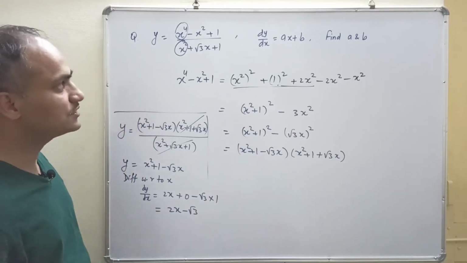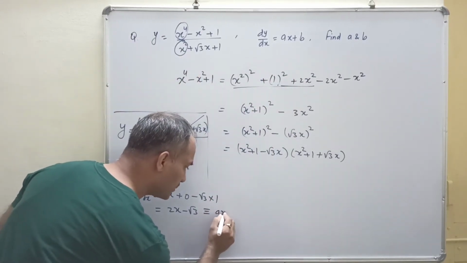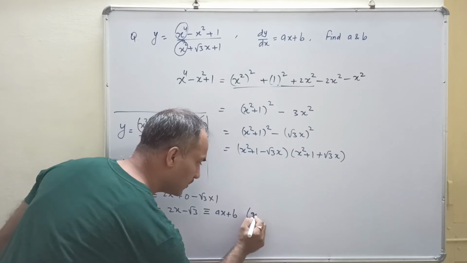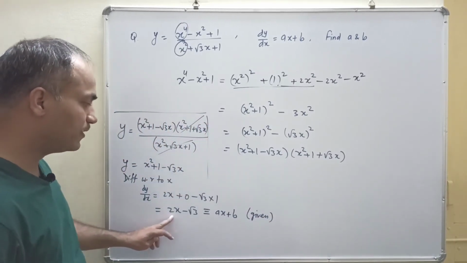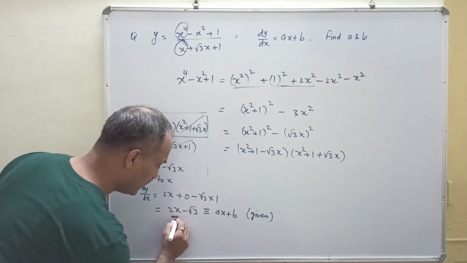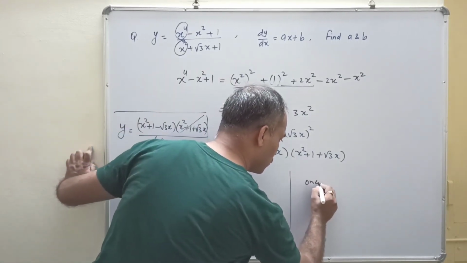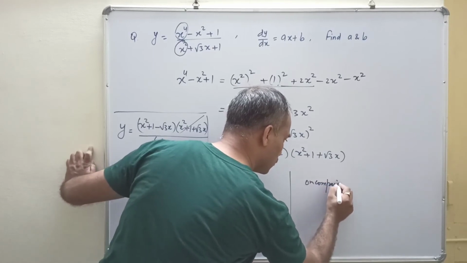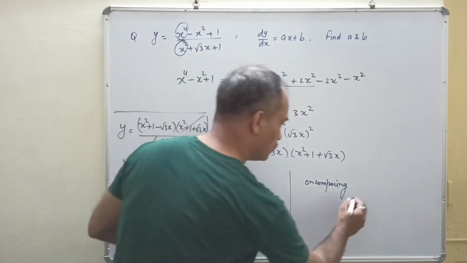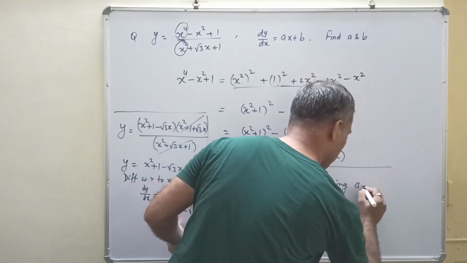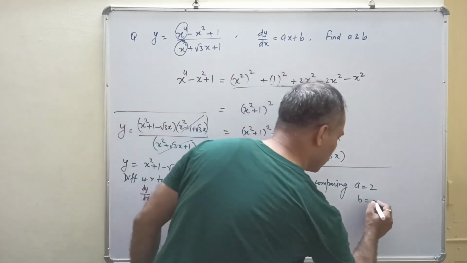Now just compare this value, it is given to us that this is identical to ax plus b. When we compare both the sides, on comparing, a is equal to 2 and b, this constant term, is equal to minus root 3.